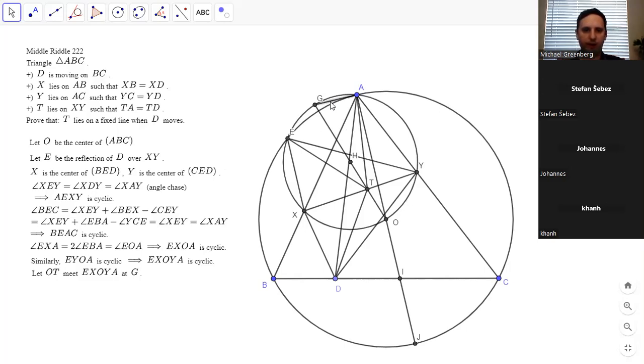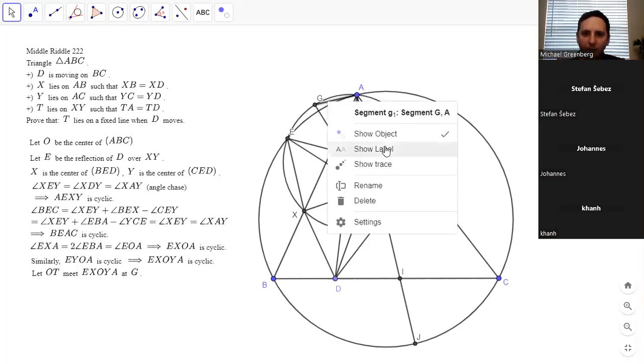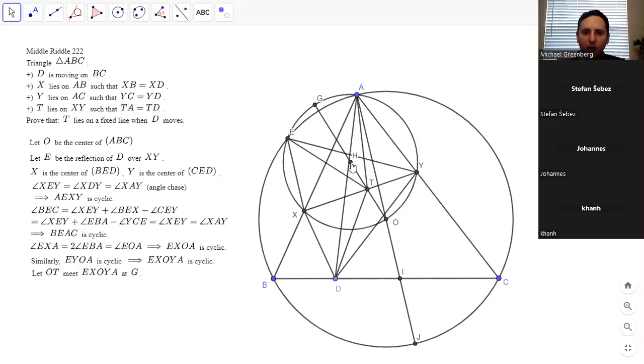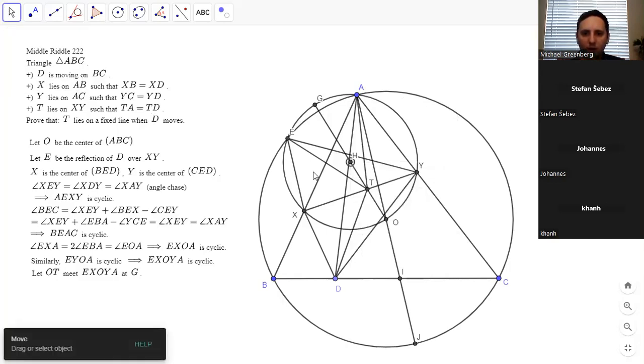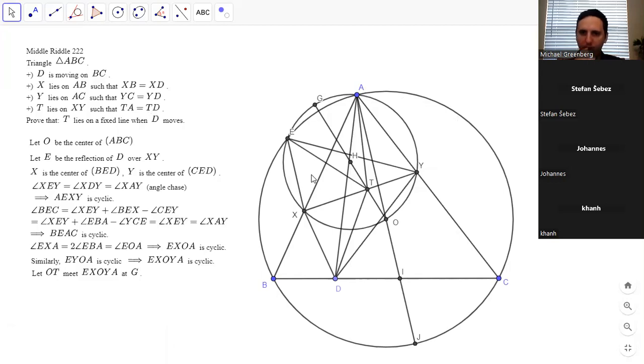Okay, so we're defining it like this, where OT meets the circle, but then we know that this is 90 because, I guess, we don't know yet that it passes through the center, right? Is it obvious that OT passes through the center of the circle?